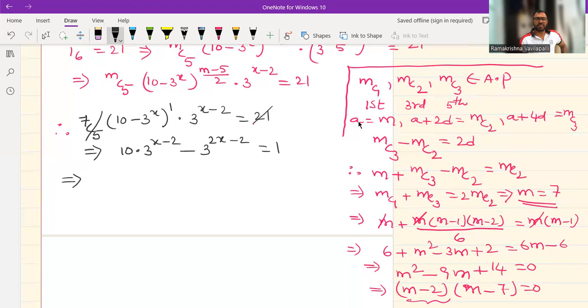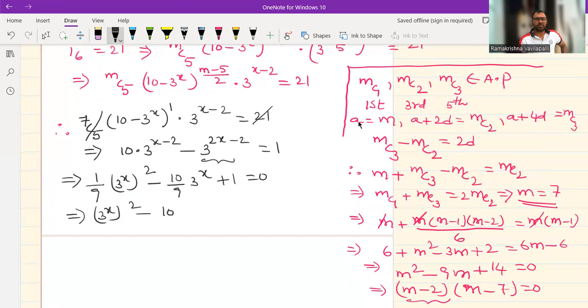After simplification, simplification is nothing but bringing this term to this side. So I can write 3 to the power of minus 2 as 1 by 9: (3 power x) whole square minus 10 by 9 into 3 power x plus 1 equal to 0. So you will get a quadratic in terms of 3 power x: (3 power x) whole square minus 10 into 3 power x plus 9 equal to 0.